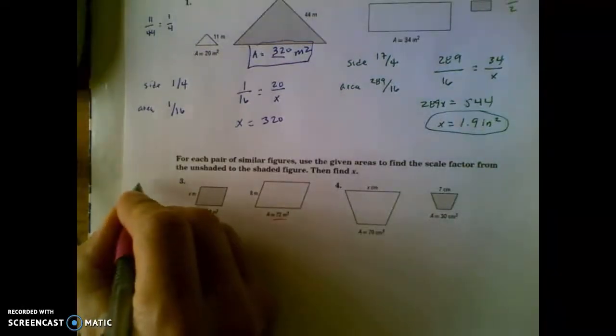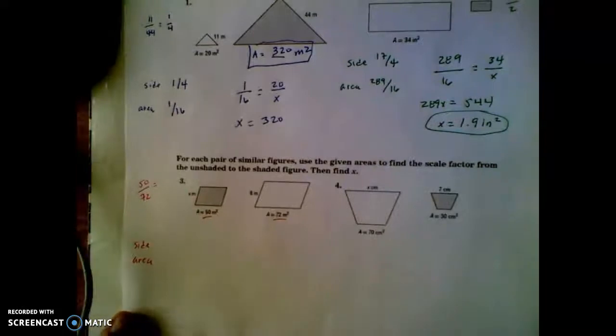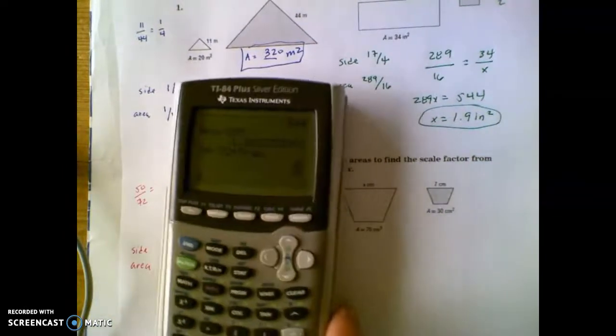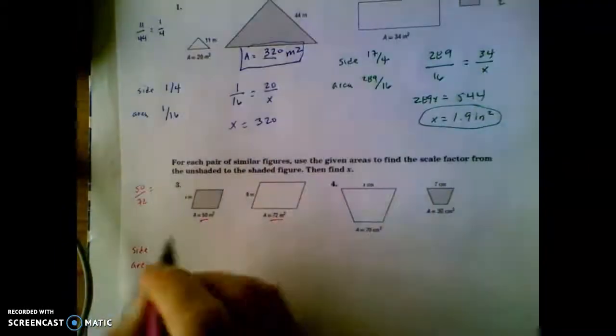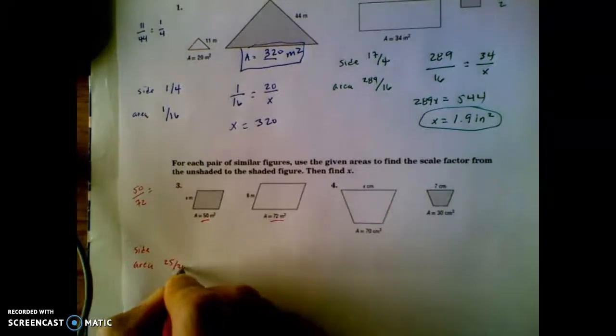So I would do 50 over 72 and reduce it. So let's see, 50 over 72, math, enter. And that is 25 over 36. So that is my area ratio, 25 out of 36.